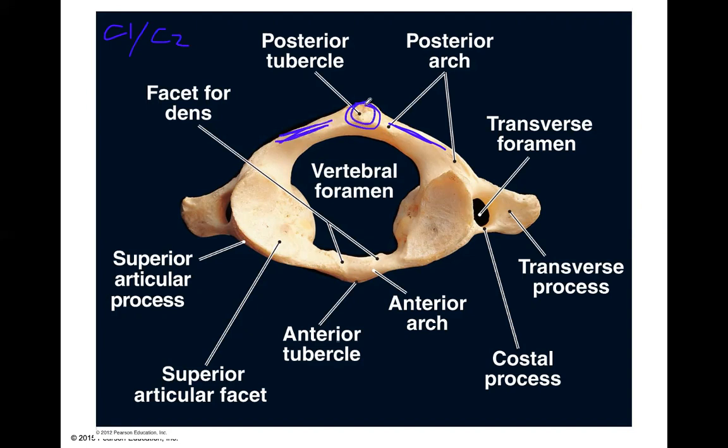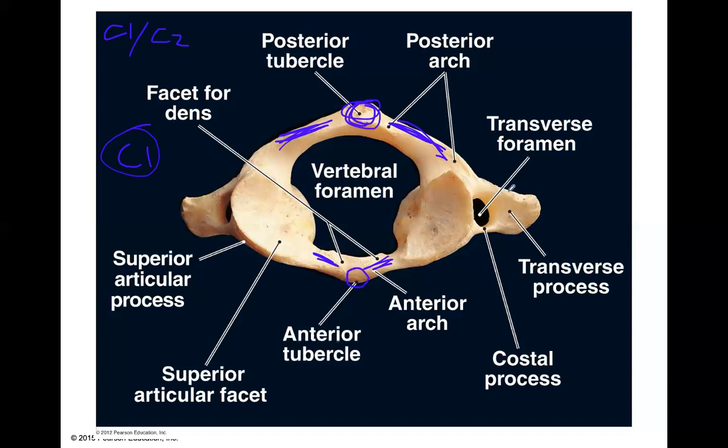But we don't have a lamina or a spinous process on C1. This is the atlas. We're looking at the atlas here. There is a posterior arch and an anterior arch. There's a posterior tubercle and an anterior tubercle.